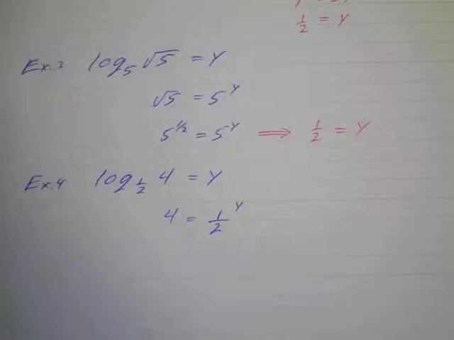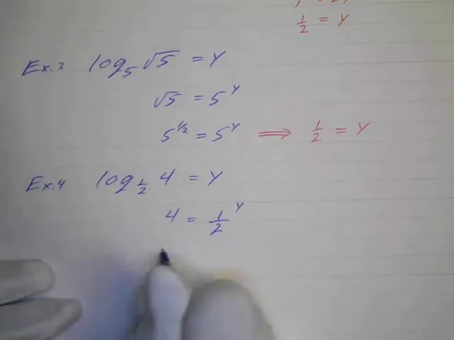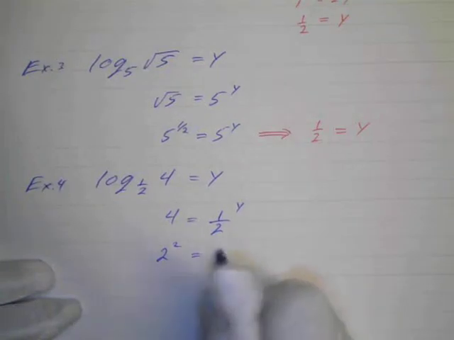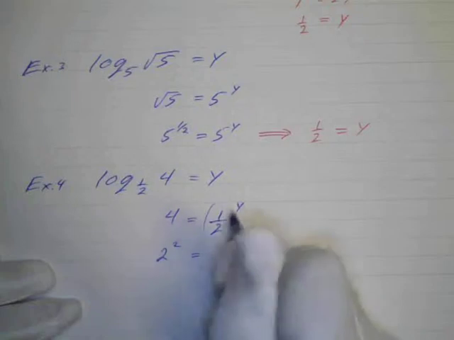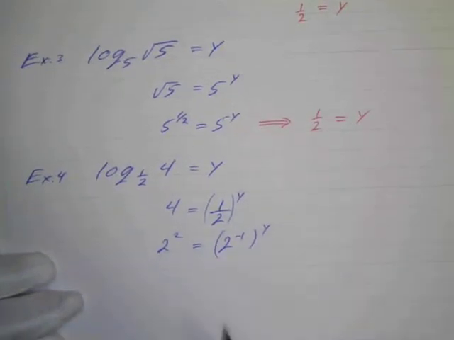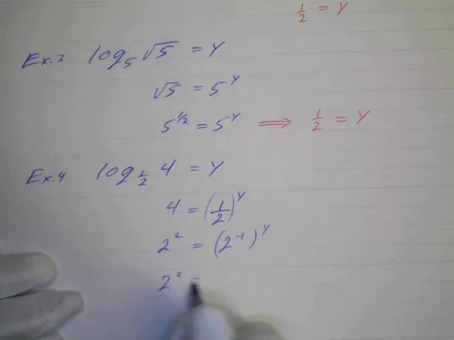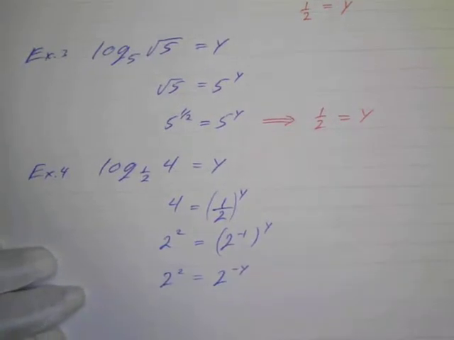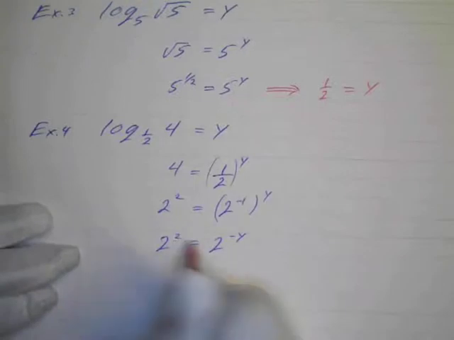So I'll try to get these both to the same base of 2. This looks like 2, so this is the same thing as 2 squared. Now 1/2 is the same thing as 2 to the negative 1, so I could write that as 2 to the negative 1, and that would be to the y power. And then I'll just multiply this out, so I'll get 2 squared equals 2 to the negative y. And now, again, my bases are the same, so the exponents are the same.